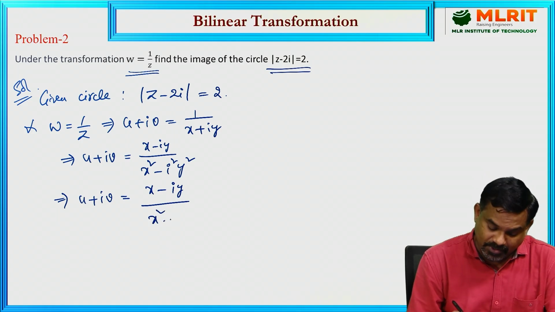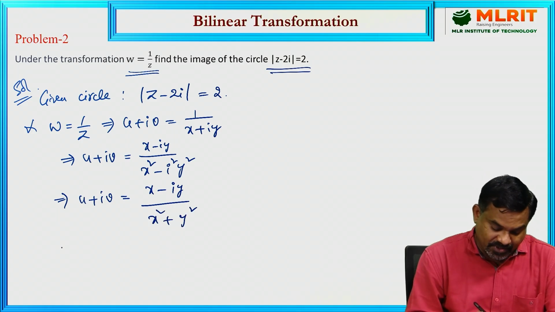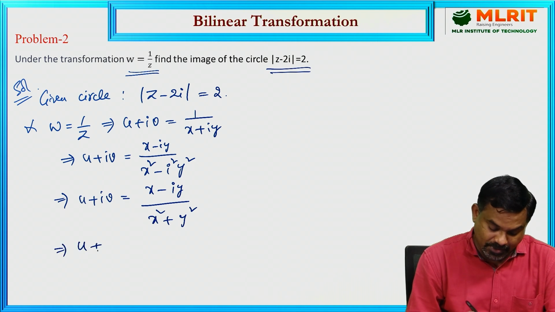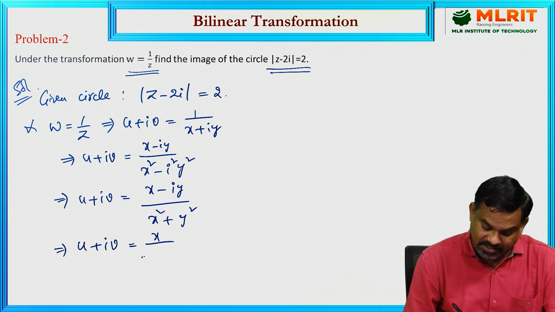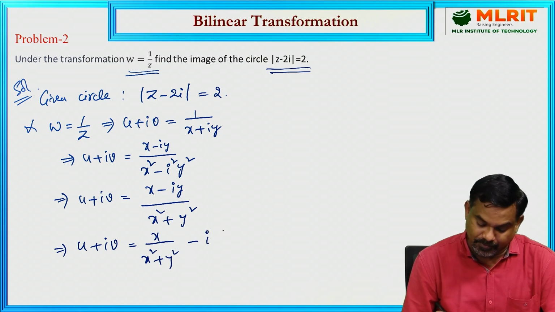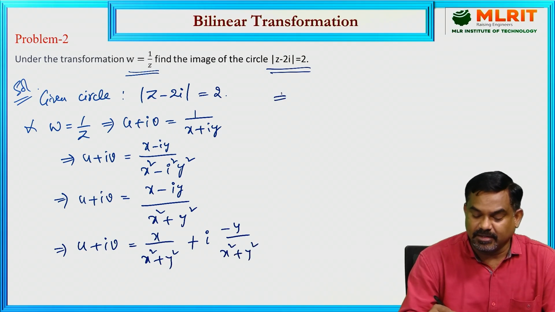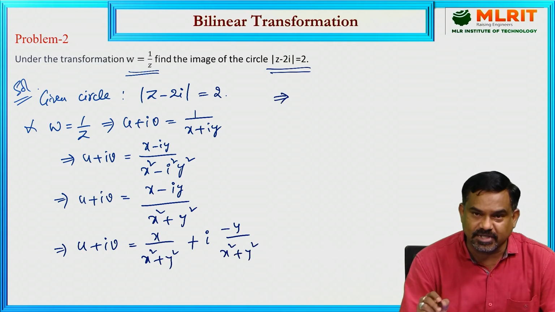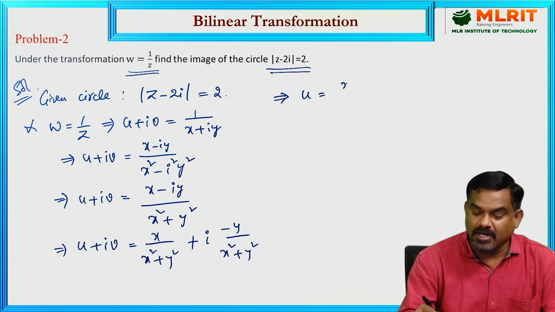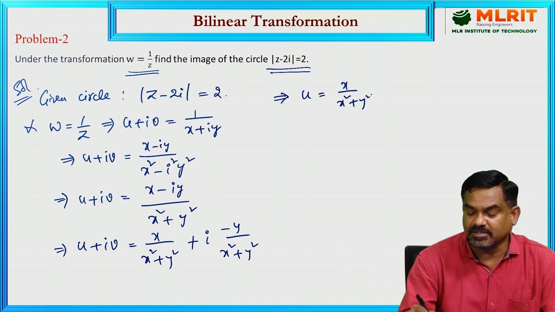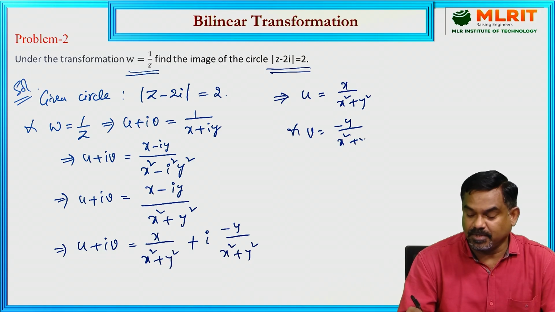So u plus iv is x by (x square plus y square) plus i into minus y by (x square plus y square). Comparing the real and imaginary parts on both sides, we get u is x by (x square plus y square) and v is minus y by (x square plus y square).